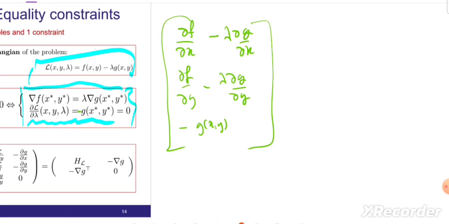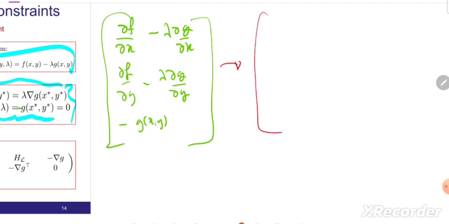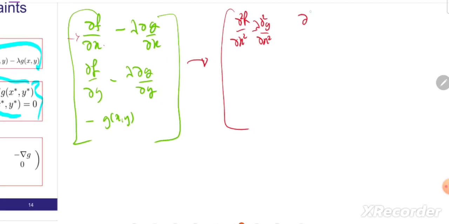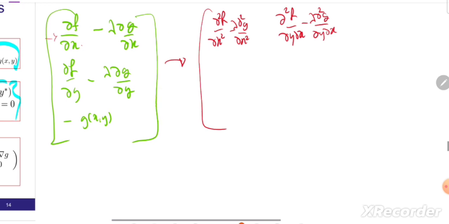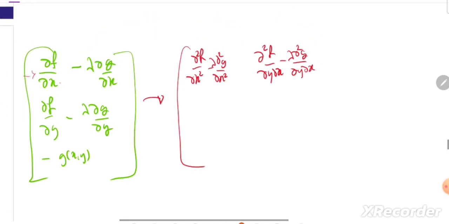So if we do the Hessian matrix of this, we should take the first item and differentiate it with respect to x, y, and lambda. With respect to x, we get d2f over dx2 minus lambda d2g over dx2. Differentiating with respect to y, d2f dy dx minus lambda d2g dy dx, and with respect to lambda, my third variable, minus dg over dx.